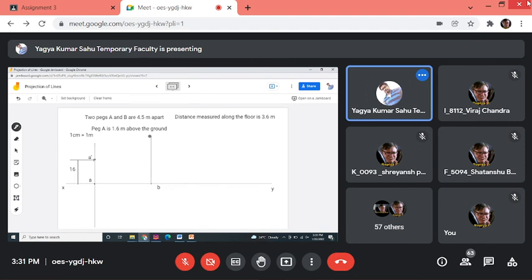Now what about the distance A dash B dash? 45 mm. So considering A dash as the center, draw an arc of radius 4.5 centimeter and locate B dash. Properly locate B dash. Join A dash B dash and join AB.